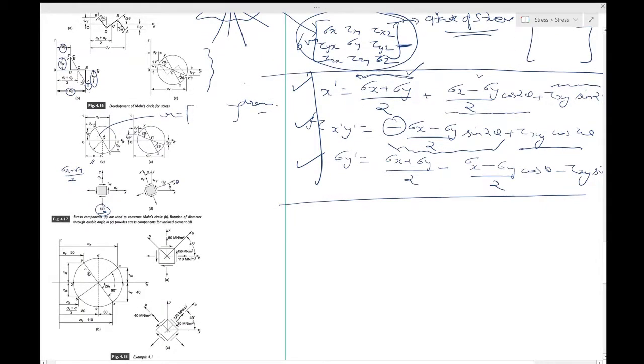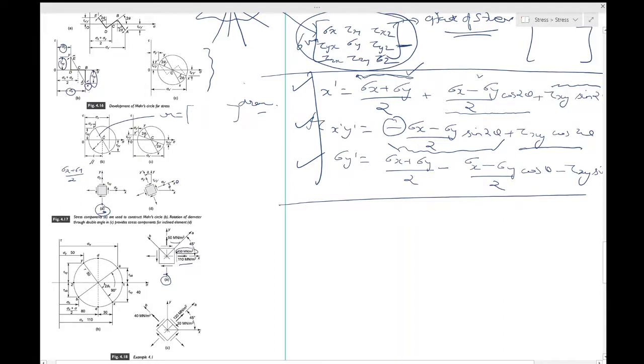You have a thin sheet, again thin sheet required because you need plane stress conditions. We have already discussed earlier what the plane stress approximation is. The stress components are with respect to the xy axes, as given in 4.18a. You have sigma x, which is this, sigma y, which is this, and tau xy, which is this.